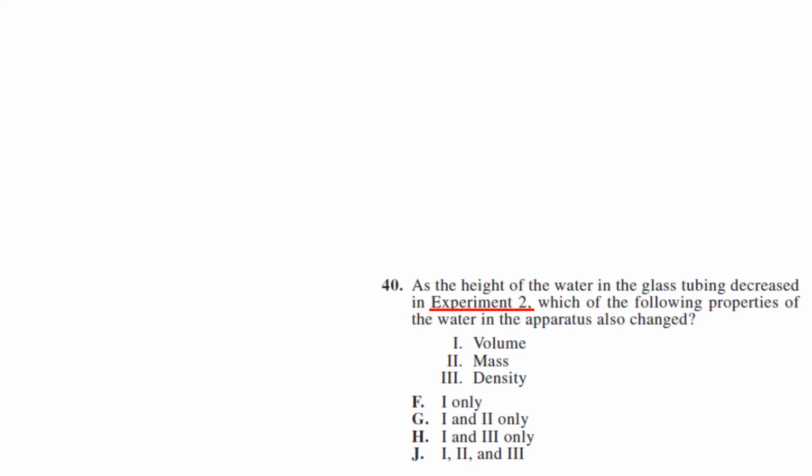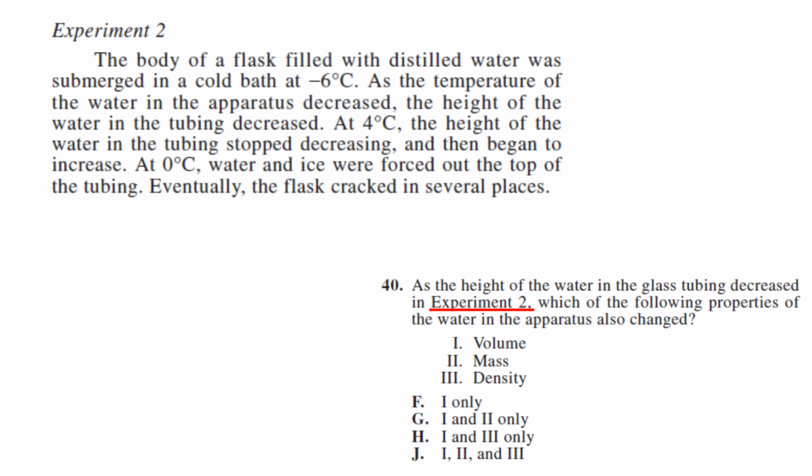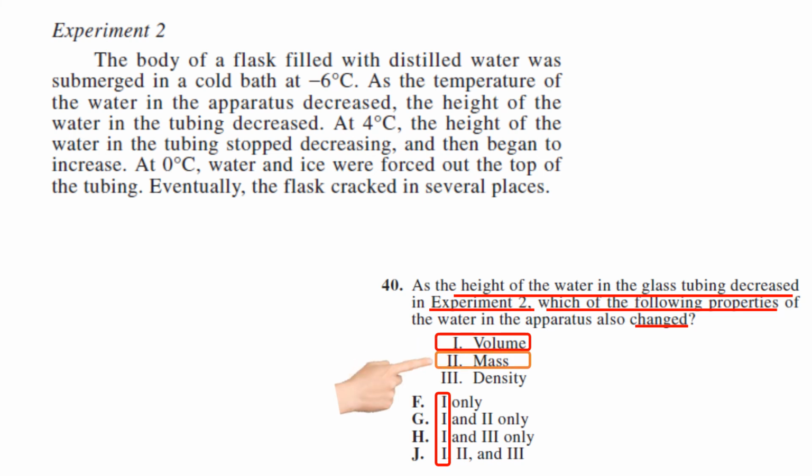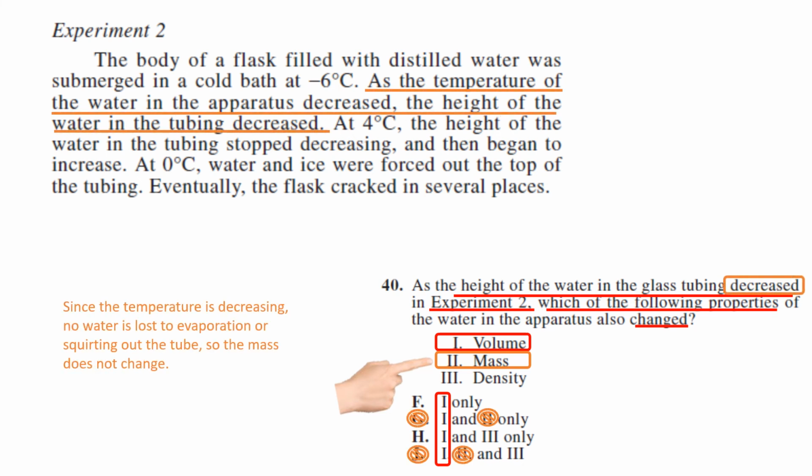Number 40, we're using experiment 2. As the height of the water in the glass tubing decreased, which of the following properties changed? Okay, so we're going to start with volume, but we look and see that volume changes in all of them. So we already know volume changes. And mass, okay, well, mass is an interesting one because the temperature is decreasing, which means we're not losing any water to evaporation.